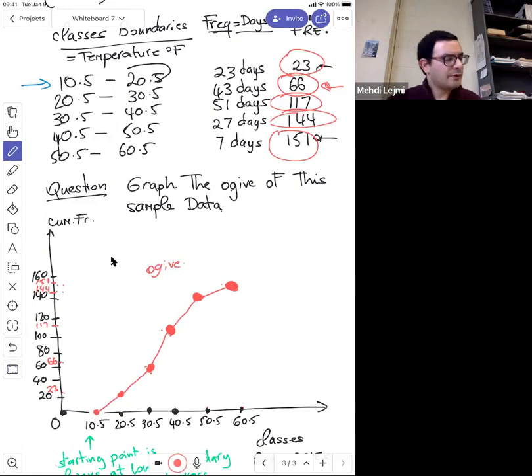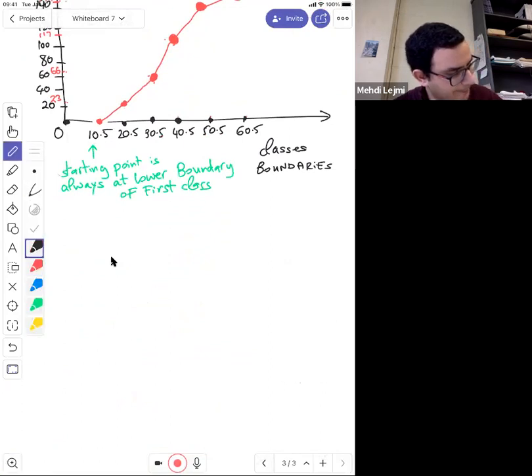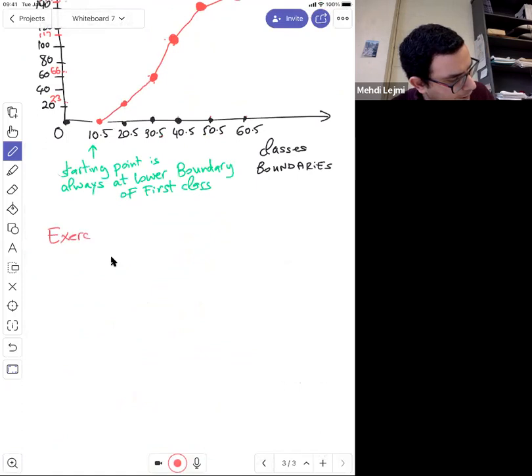All right. So what I'm going to do now is an example which covers histograms, the shape of histograms, ogive, everything. So let's have the following exercise. I don't know if I'm going to have time to go over this exercise today, but it would probably be a good idea for you to finish it at home.